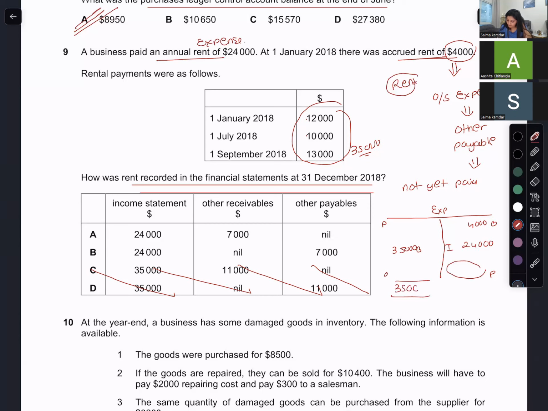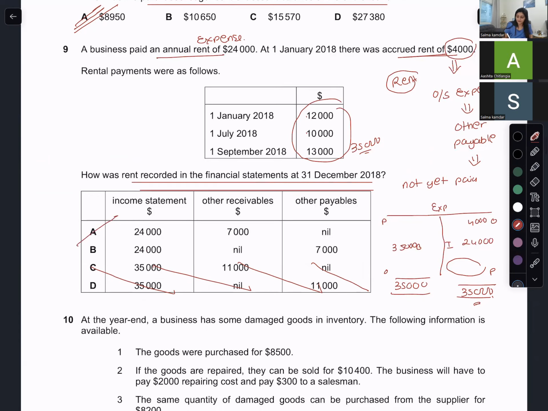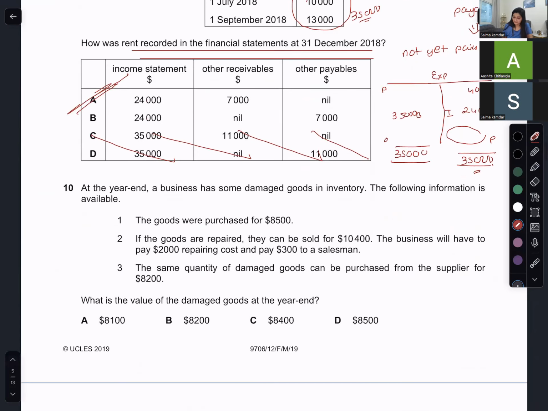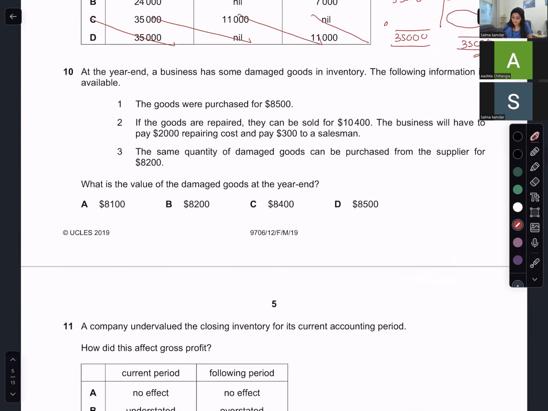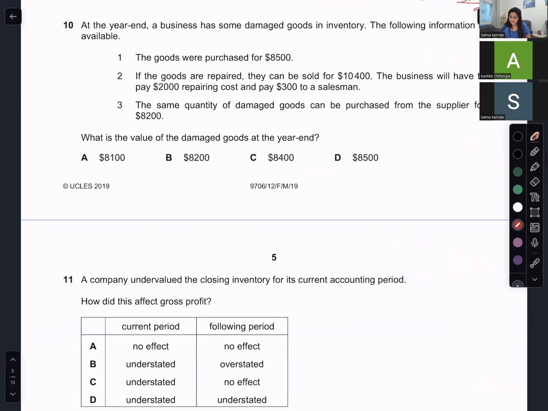Closing prepaid is other payable or other receivable? Other receivable. It would be 35 minus 28, which is 7. Which option? Option A. Okay, fine. Done? Come on, read the next one.